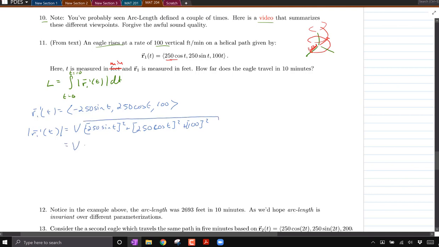So we get the square root of 250 quantity squared plus 100 squared. And let's compute that real quick.